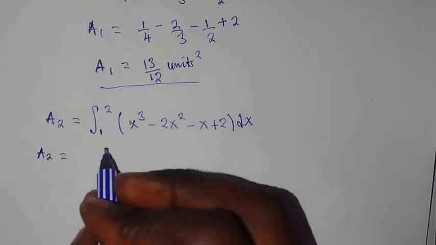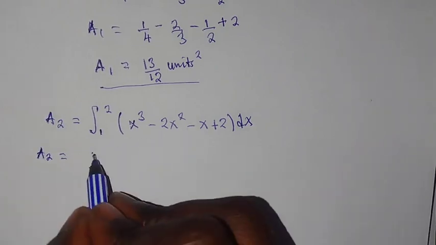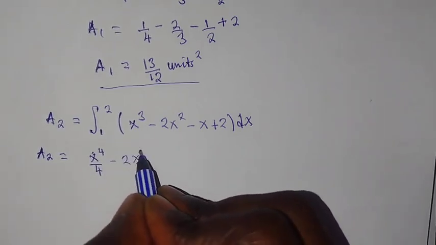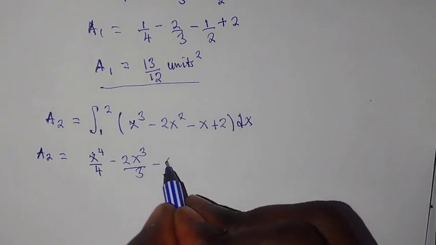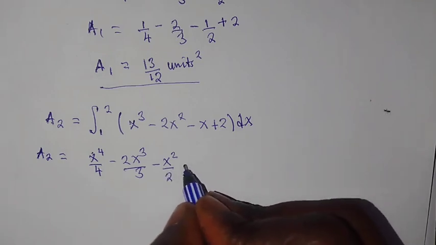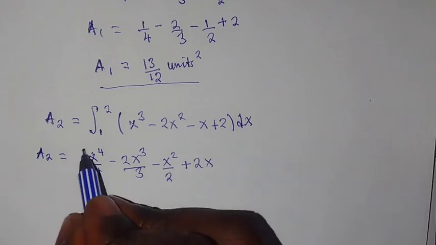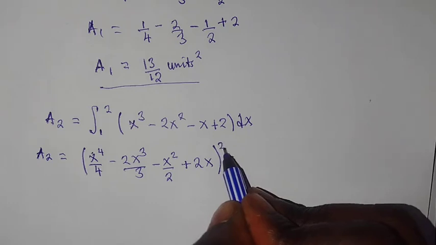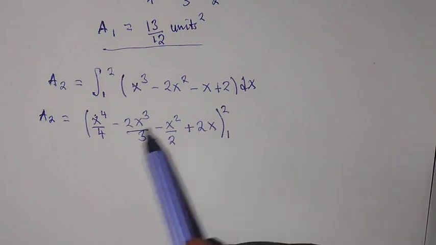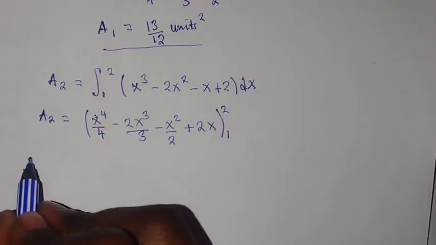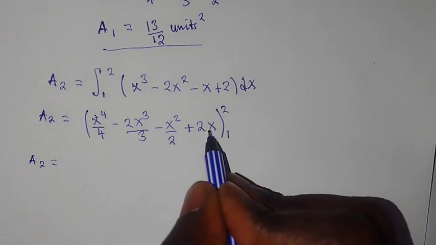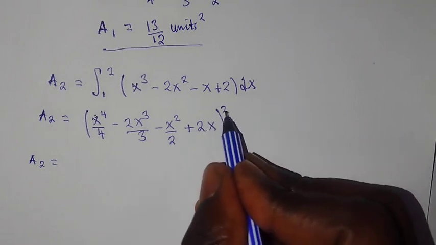So area 2 equal to, so we did mention that the integration of this, we had x power 4 over 4 minus 2x power 3 over 3 minus x squared over 2. Then we say plus 2x. So this is what we have. So the limits we have 2 and the 1. Okay. Then here we can now separate by using these limits that we have. So we have area 2 equal to, so we can write the same function here and substituting the first value 2.